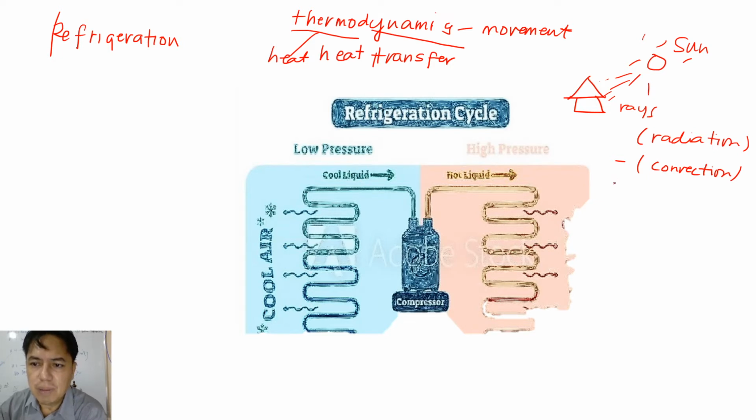When it is more about solid contact, the heat transfer is conduction. So when it involves fluid like water or air, convection. Conduction is more of direct contact in solids, and radiation is another thing.